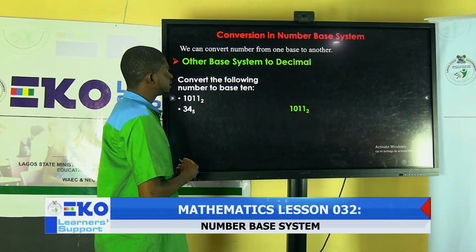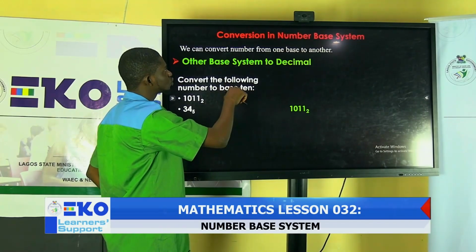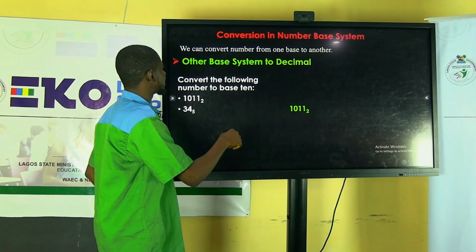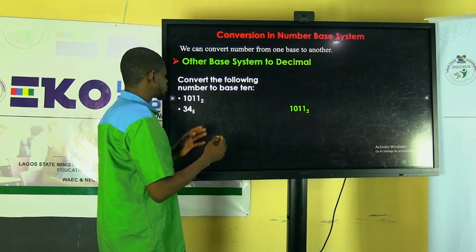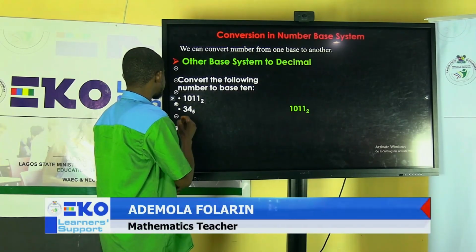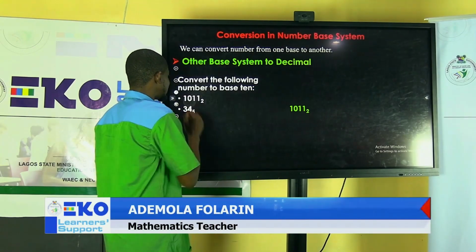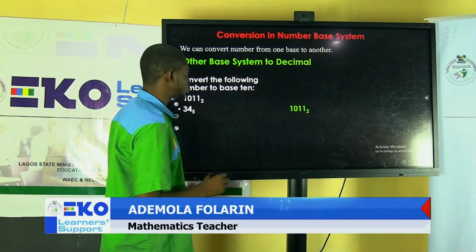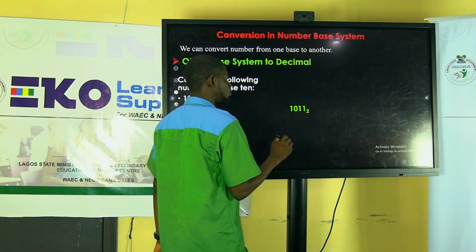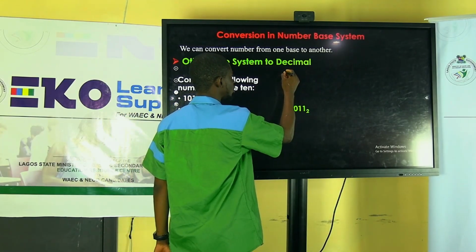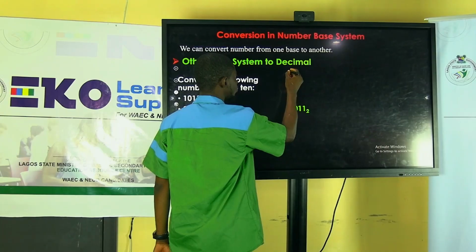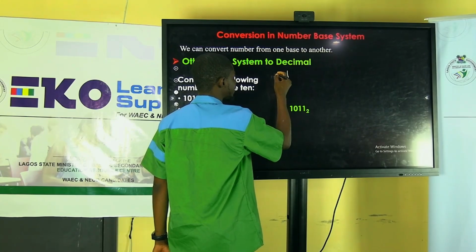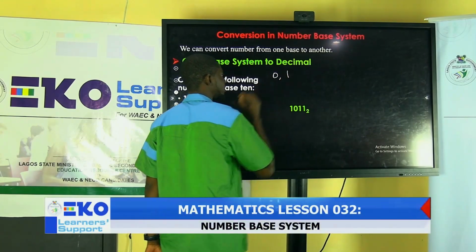Looking at this, we want to see how to convert a number from one base to another. Let's first understand that in binary, which is base 2, the highest number you can have is 1, because it starts from 0, 1.